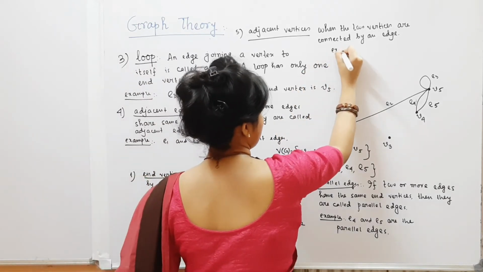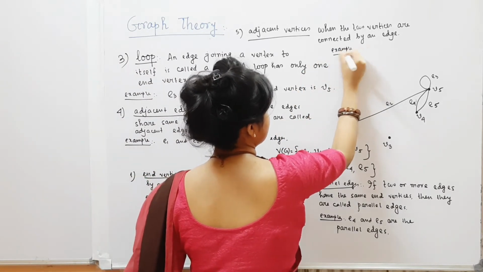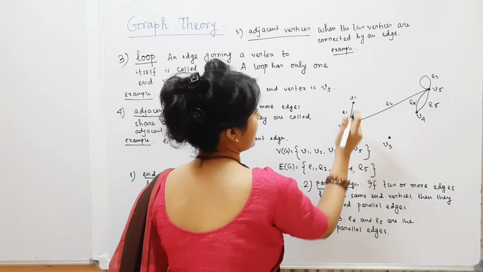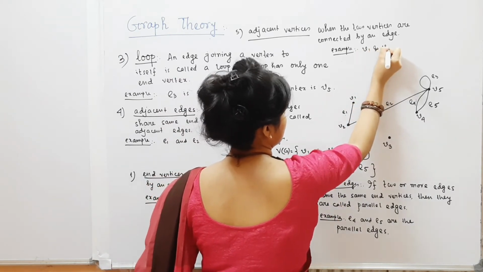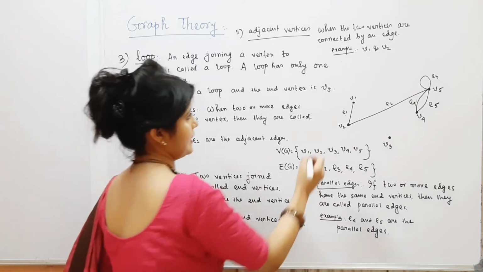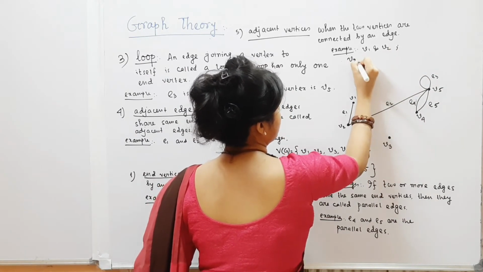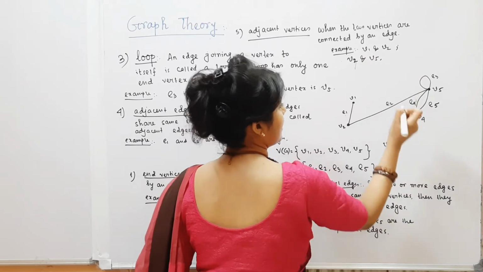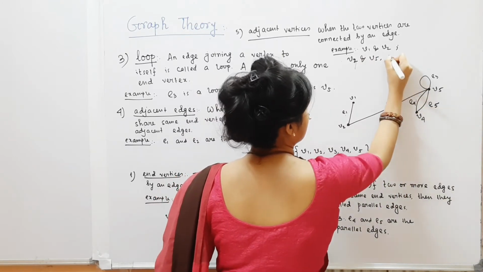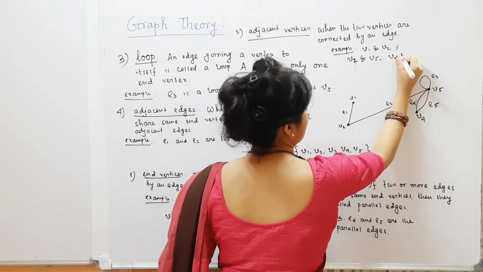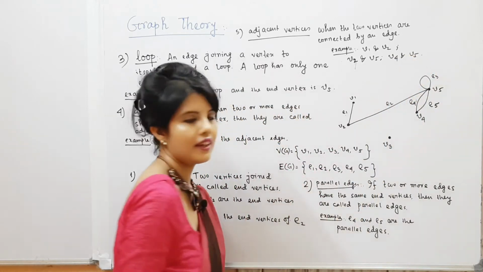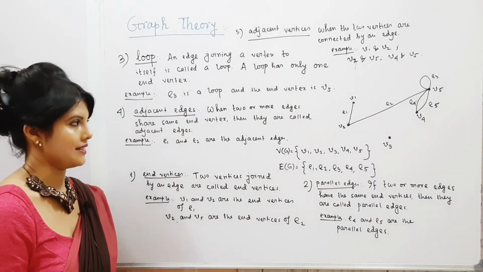So as for example, you can write that is V1 and V2, okay. So V1 and V2 are the adjacent vertices. Similarly, V2 and V5, okay. Similarly, V4 and V5, okay. So they are the adjacent vertices.